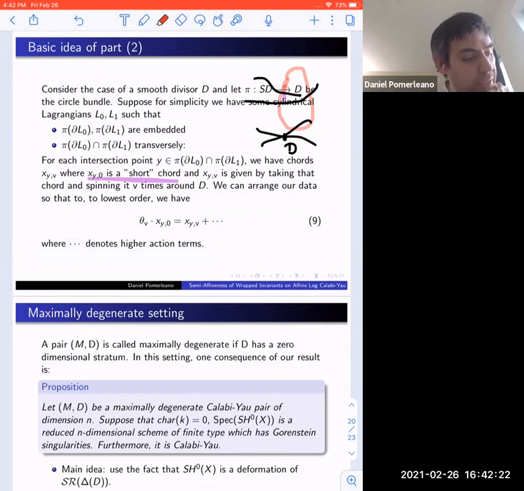And so the basic idea of the proof of finite generatedness is that your wrapped Floer cohomology cochain complex should be finitely generated as a module by these short chords. It's the lowest order in your module structure. The symplectic cohomology class corresponding to winding around V times over the divisor acts on the short chord by changing the multiplicity to lowest order or highest order, depending on your convention.